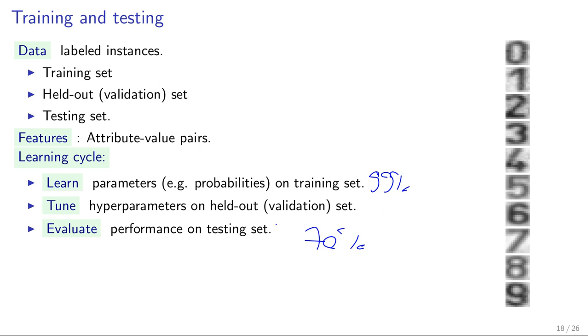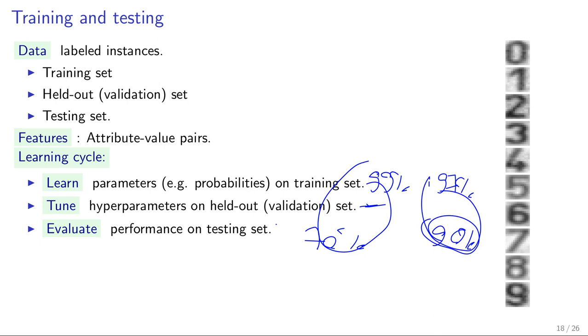It could be that your classifier is complex and is likely to overfit. So then you might do some regularization, try something simpler, and that's why you have this validation data set that you can tune. And then let's say you go down on the training set to 97, but you can go up to, I don't know, on the test set to 90, and this is much better than what you had before, right? So it's better to sort of not perform as well on the training set, but what really matters is how you perform here.